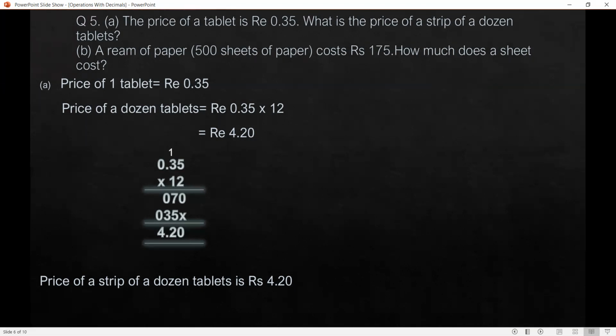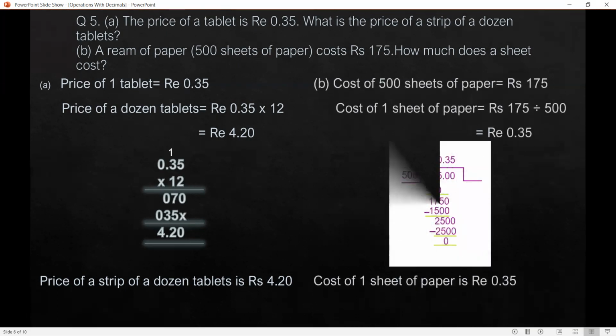How much does a sheet cost? 500 sheets cost is given. We have to find the cost of one sheet. So how will we do it? First of all, write the given digits. The cost of 500 sheets of the paper is rupees 175. The cost of one sheet of paper is rupees 175 divided by 500.